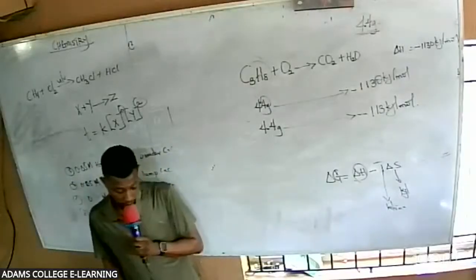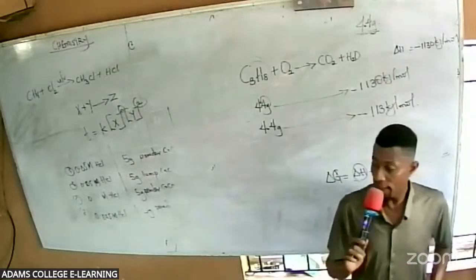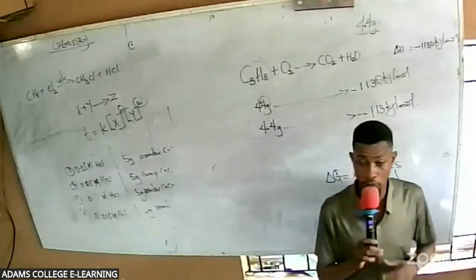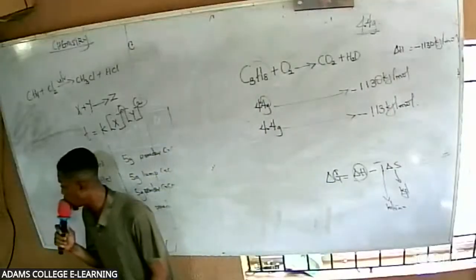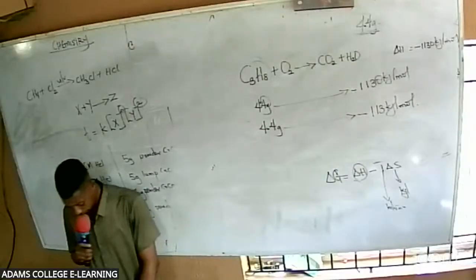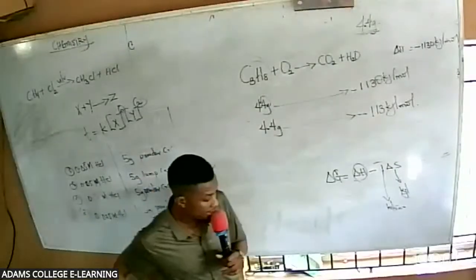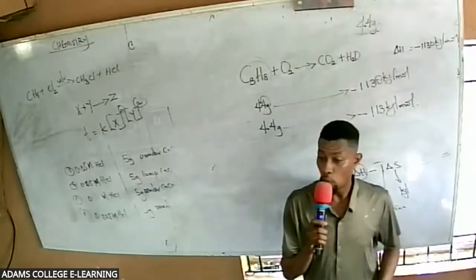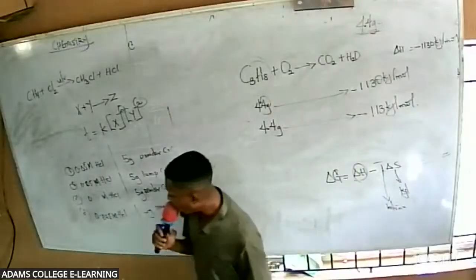When calcium carbide is dissolved in water, calcium carbide is used for the production of which compound? Ethyne. So when calcium carbide is dissolved in water, the temperature of the water increases by 14 Kelvin.